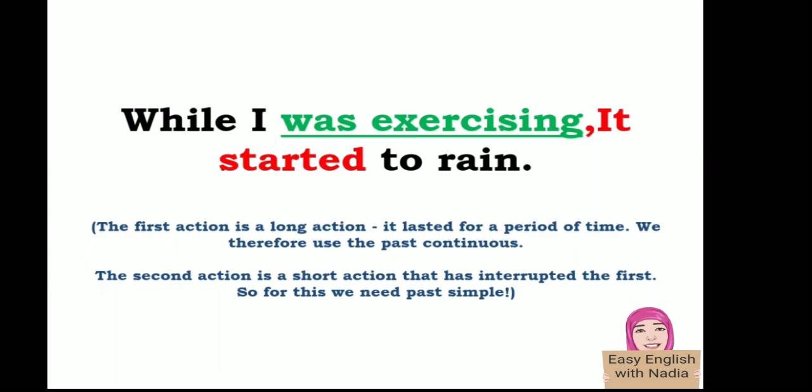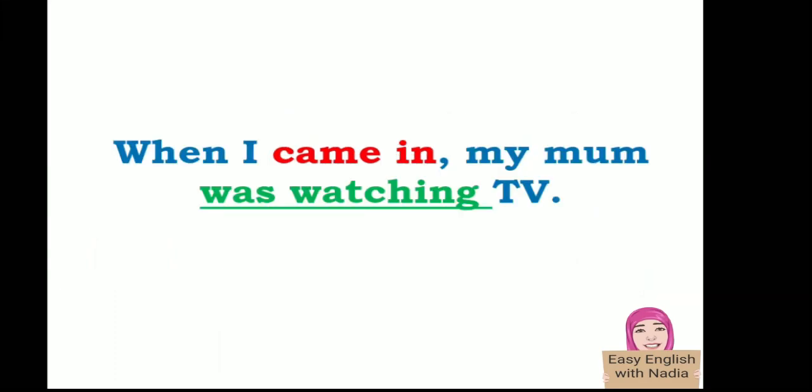So, the first action is a long action. It lasted for a period of time. We therefore use the past continuous. The second action is a short action that has interrupted the first. So for this, we need the past simple. When I came in, my mom was watching TV. The same remark.